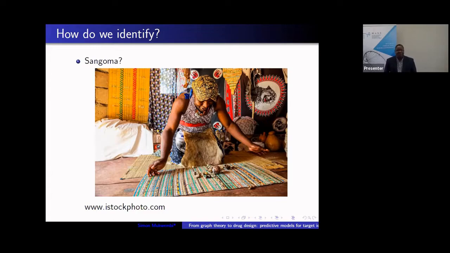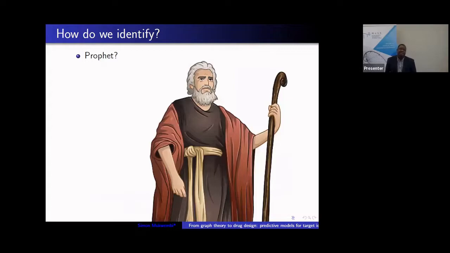Why don't we just go to a sangoma and perhaps we will be helped? And of course, to a certain extent, it works because these people are knowledgeable. But the question is, is it really good enough? Well, they've been around for years and years, and we continue to see quite a number of diseases which do not have drugs. So it's really not perhaps the best idea.